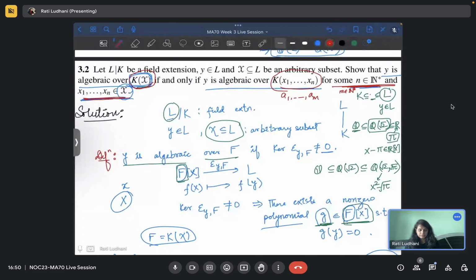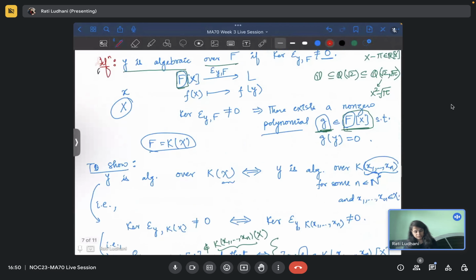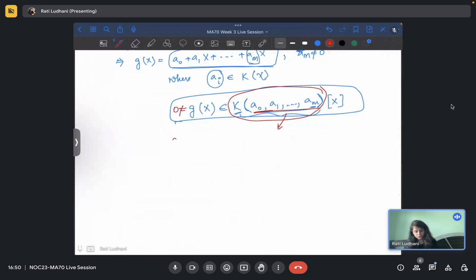Because now we know that this polynomial belongs to this field and this is non-zero. So the kernel of y, because this is a zero of y, kernel of y in K(a0, a1 up to and so on am), this is non-zero because g belongs here.